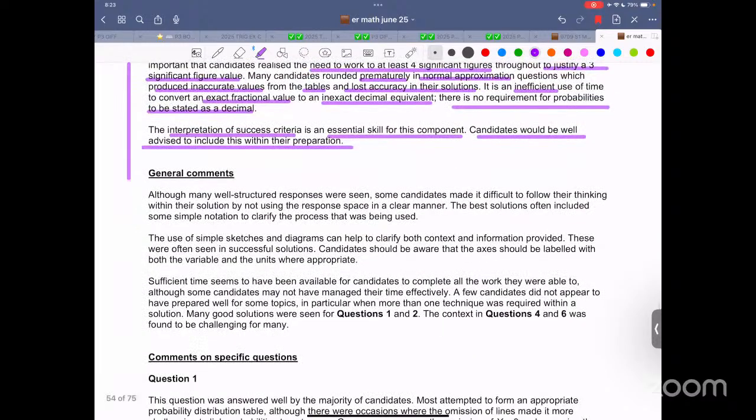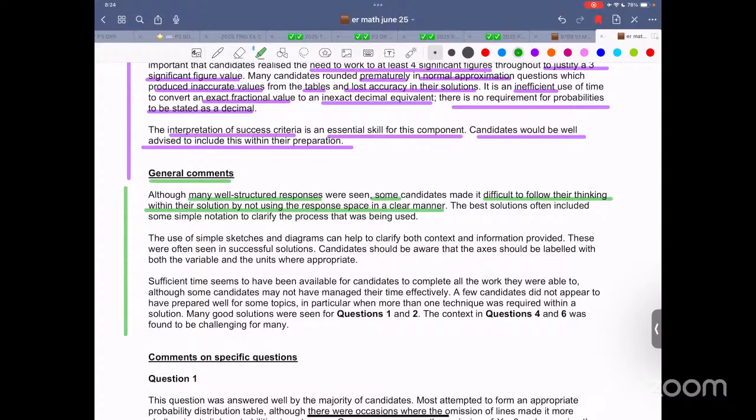Now, let me just focus on the general comments also, that is based on the questions. Although many well-structured responses were seen, some candidates made it difficult to follow their thinking within the solution by not using the response space in a clear manner. People think that teachers focus a lot on clarity. I mean, it's of no use.